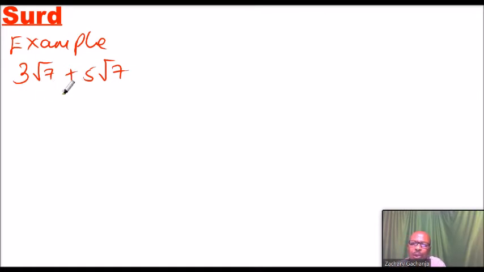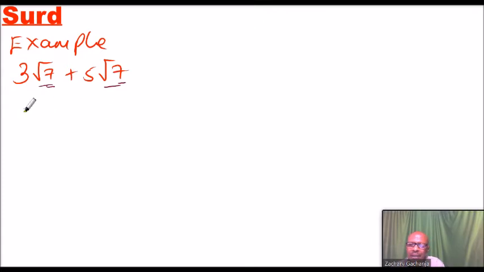For us to add, one, the order of root 7 and root 7 is the same: order 2 and order 2. The first condition is satisfied. Two, the number under the root sign is the same: 7 and 7. So we can add these.